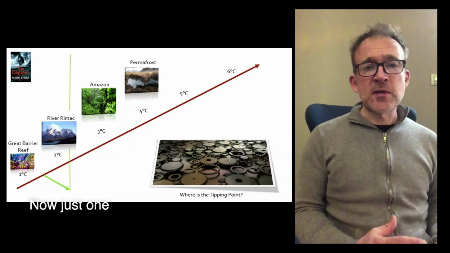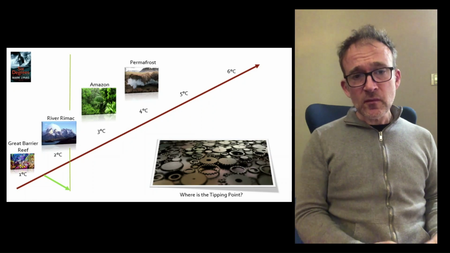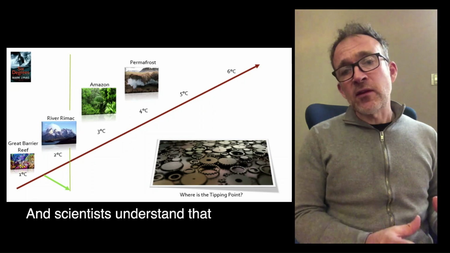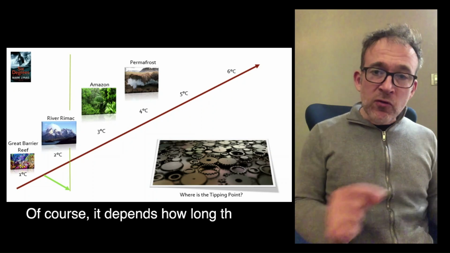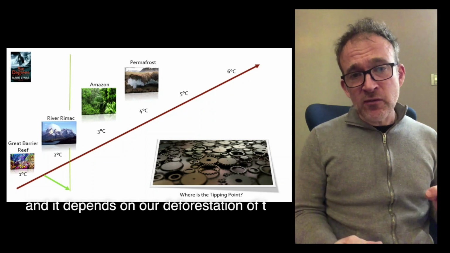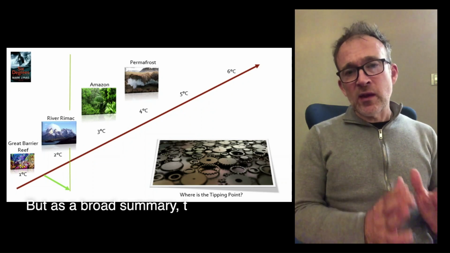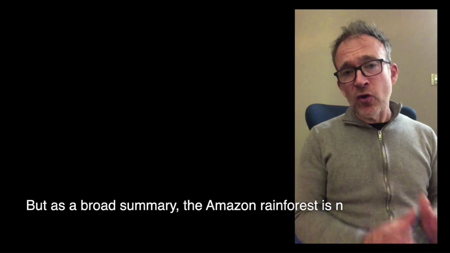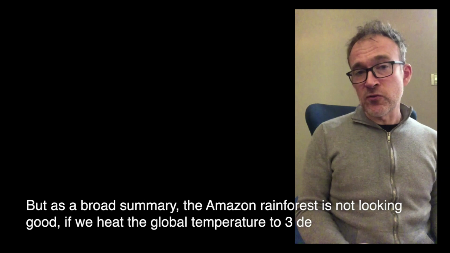Now, just one step down from that, you have at 3 degrees the Amazon rainforest, and scientists understand that it will collapse at 3 degrees. Of course, it depends how long the 3 degrees is sustained, and it depends on our deforestation of the Amazon rainforest and other things, but as a broad summary, the Amazon rainforest is not looking good if we heat the global temperature to 3 degrees.